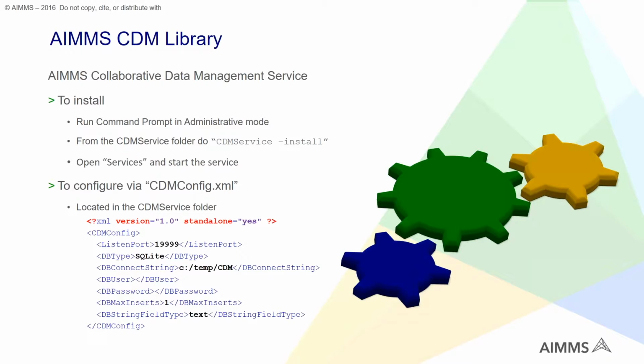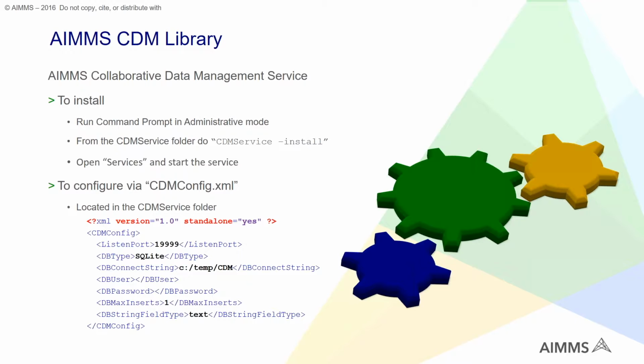I want to take a quick look at what we need to install that service. So to install the AIMS CDM service, we need all the installation files. The installation files currently come in a folder.